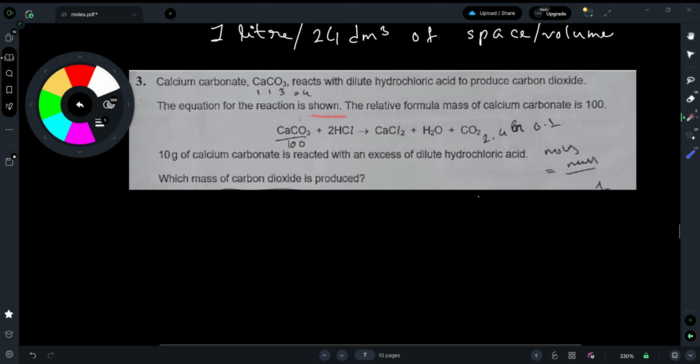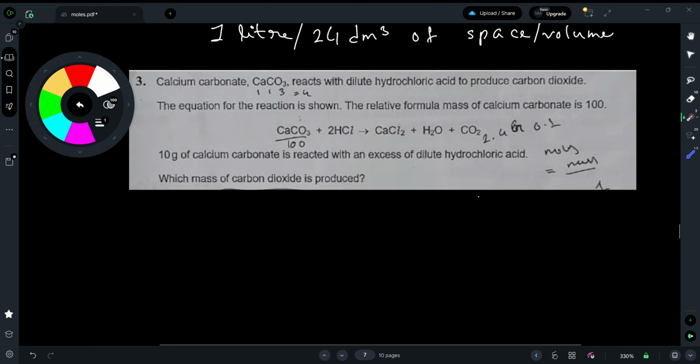The equation for the reaction is shown. The relative formula mass of calcium carbonate is 100. 10 gram of calcium carbonate is reacted with an excess of dilute hydrochloric acid. Which mass of carbon dioxide is produced? This was an MCQ. So actually, what is the mass of carbon dioxide produced?